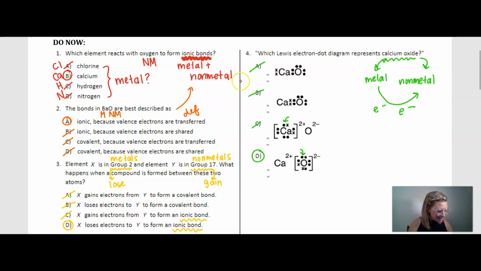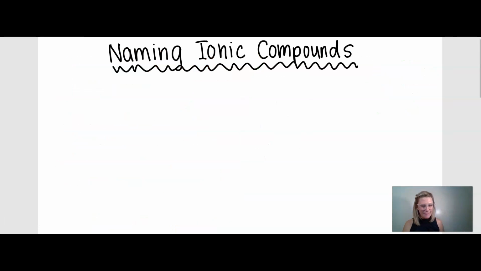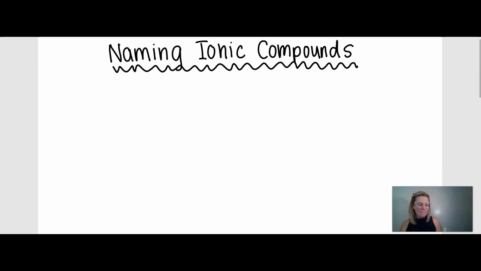All right, excellent. Let's go ahead and jump into today's lesson, which is going to be naming ionic compounds. And so what I would like to do is start this conversation by taking a look at just some examples of compounds. Now note that today we're going to be primarily focusing, at least for the first part of our conversation, on what's called a binary compound.